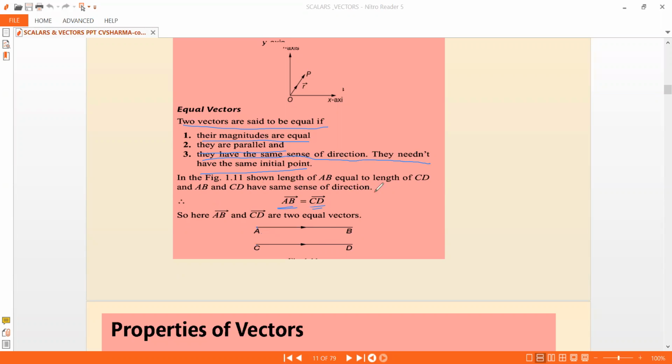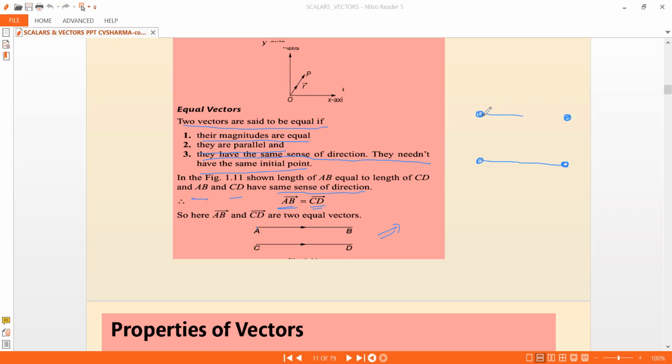The length of AB is equal to the length of CD, and AB and CD have the same sense of direction. In mathematics, what does this mean? This may sound different for you, but I'll clarify. You may have a doubt about parallel lines, which is a general doubt students get.